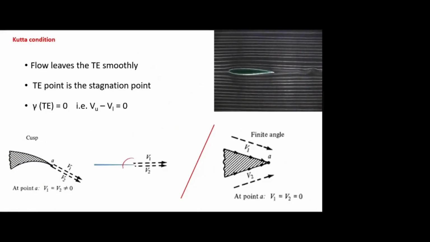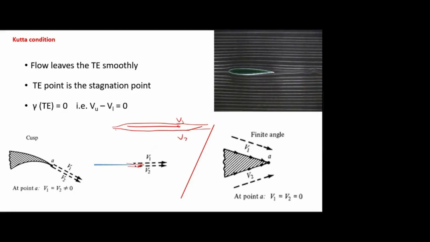So if you take a thin flat plate, we cannot say this point is a stagnation point because the flow will be equal. If it is curved or at some angle, here the flow will be accelerated, here it will be decelerated, there will be some difference. But for a thin flat plate, the velocity will be the same on both sides. So for this thin flat plate, we cannot say this is the stagnation point or that the velocity is 0.